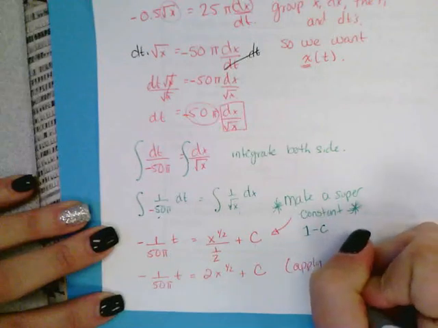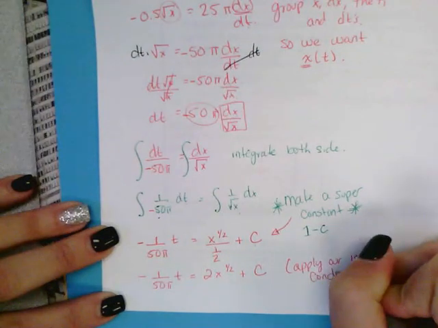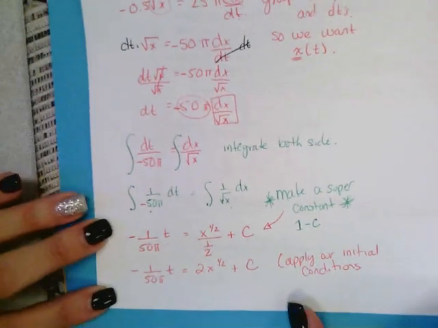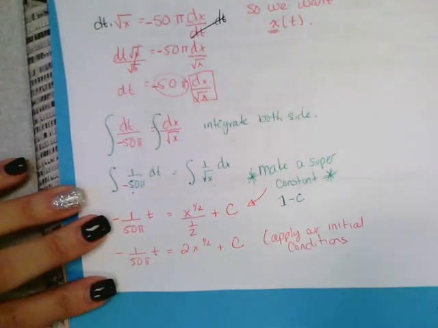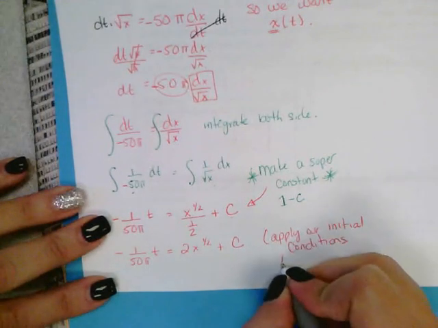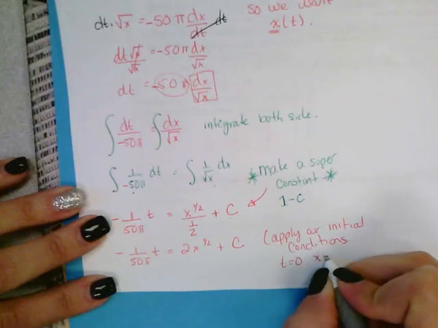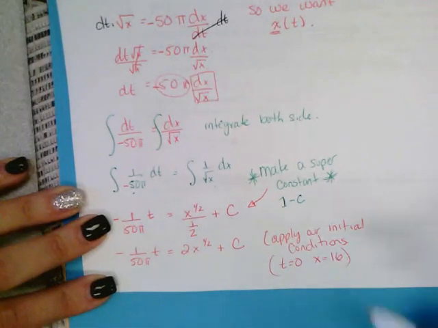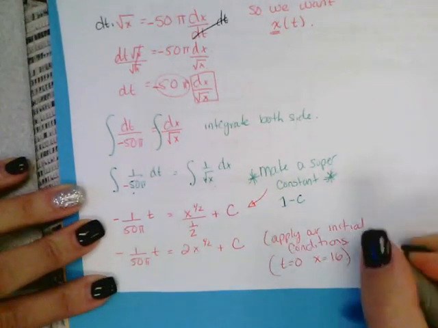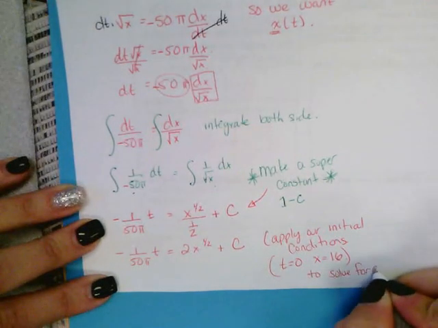Let's apply our initial conditions, which means before the drain started to empty, how much water did we have? It said it was full, right? So basically, when time was 0, before it started to empty, our x, our height, was 16. So we're going to apply our initial conditions in our problem to solve for C.